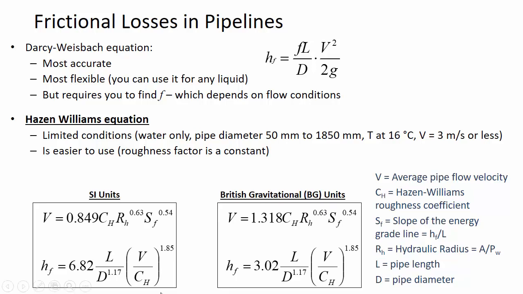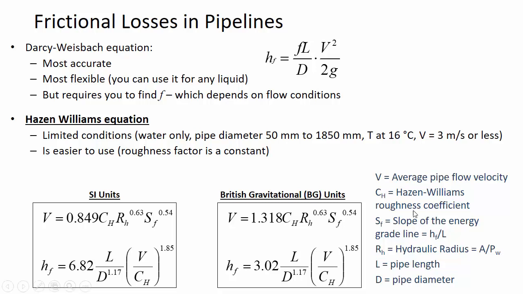You've seen it in both the SI and the traditional units before, and depending on how we rearrange the equation, it can be used to solve for what the flow velocity will be if you have a certain S sub F. Remember, S sub F, the slope of the energy grade line, is defined as the change in head loss due to pipe friction divided by the pipe length.